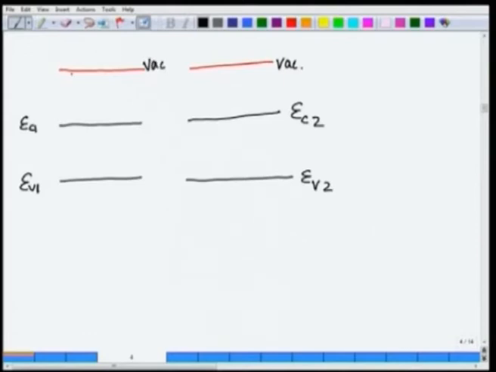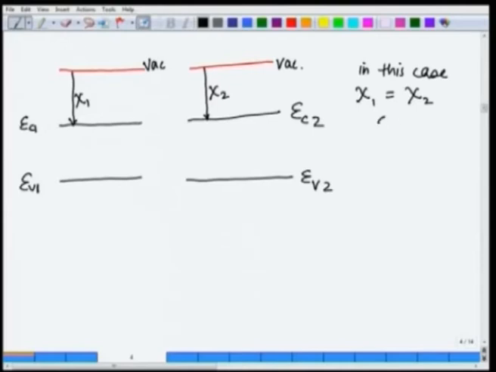So, this is the affinity of electron, call it χ1, and this is the affinity of electron, call it χ2, and in this case χ1 is equal to χ2, the same electron affinity.